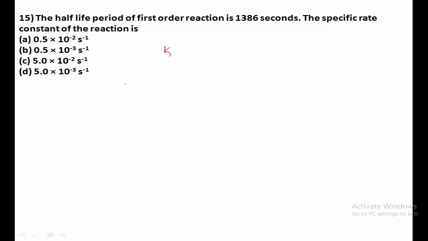Now, the half-life of a first order reaction, what is it? t half is equal to 0.693 divided by k. What they have given in this equation is the half-life period, 1386 seconds. So t half is given, that is 1386 seconds. The specific rate constant is what you need to calculate.